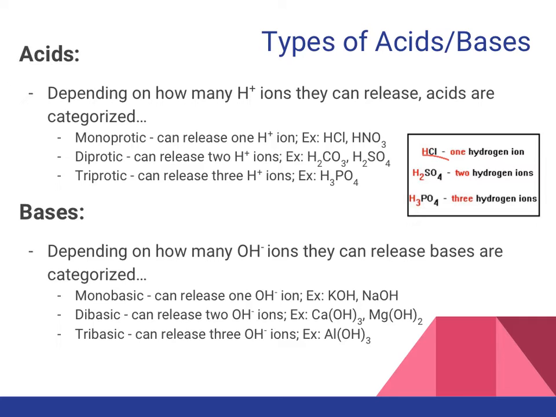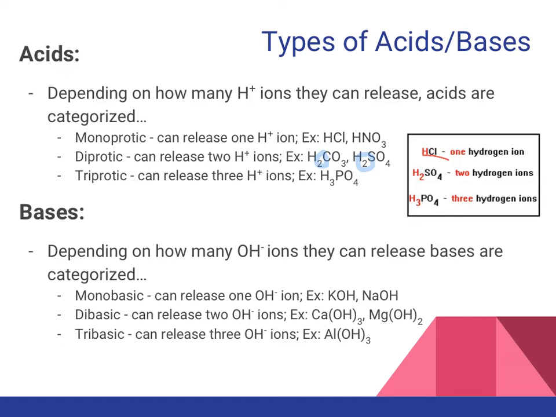It can only release one hydrogen ion because it only has one hydrogen involved. Then we look at a diprotic, which would be H2CO3, which is carbonic acid, or sulfuric acid, H2SO4. Those are our most common diprotic, and I'm calling it di because there are two hydrogens in both of those.